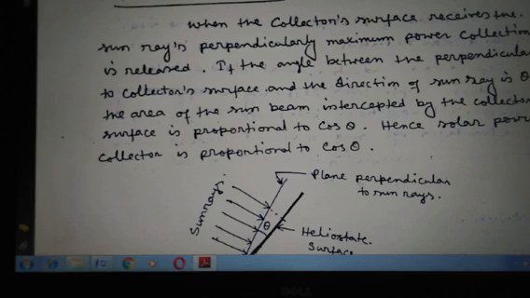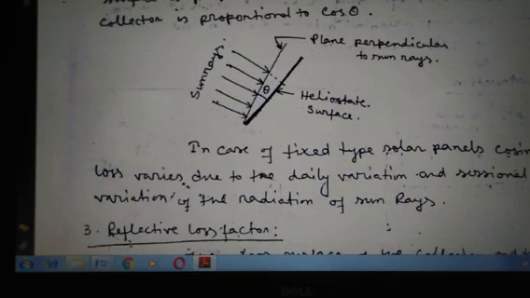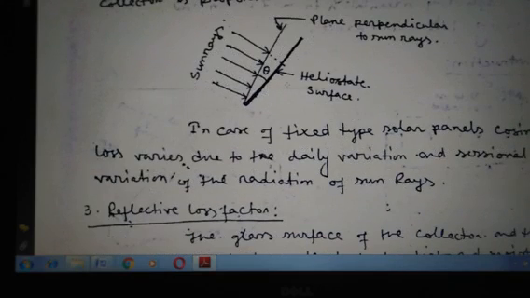Hence the solar power collected is proportional to cos theta. So in the diagram here, this is the surface and this is the plane perpendicular to the sun rays, and this angle is theta and that is the sun ray. In the case of a fixed type of solar panel, cosine loss varies due to the daily and seasonal variation of the sun rays.